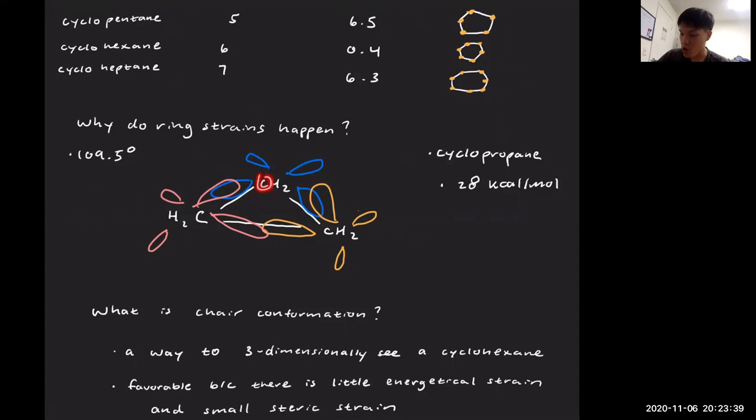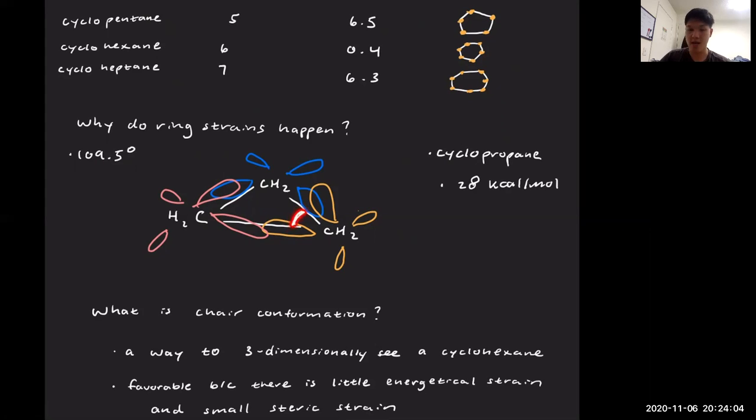This carbon has orbitals going this way, but it's also clashing with this orbital from this carbon. This is not a very good interaction to have. They're going to be fighting for the space right here. They want as much space as they can to freely move. And then you can tell by these bond angles right here, this is nowhere near 109.5.